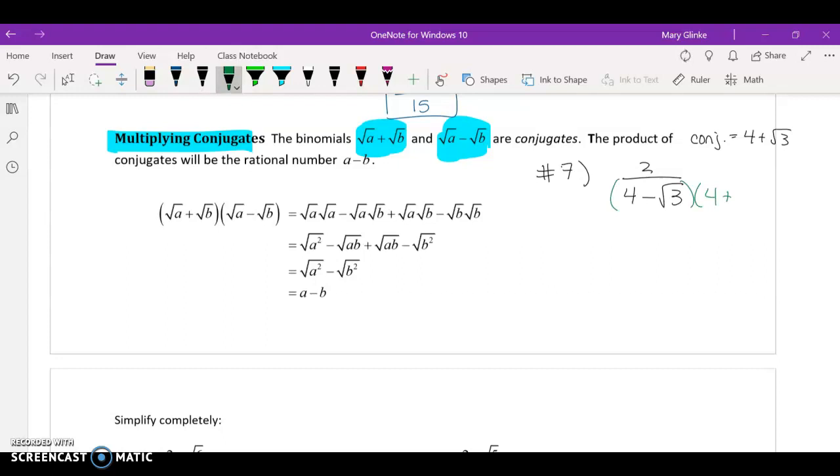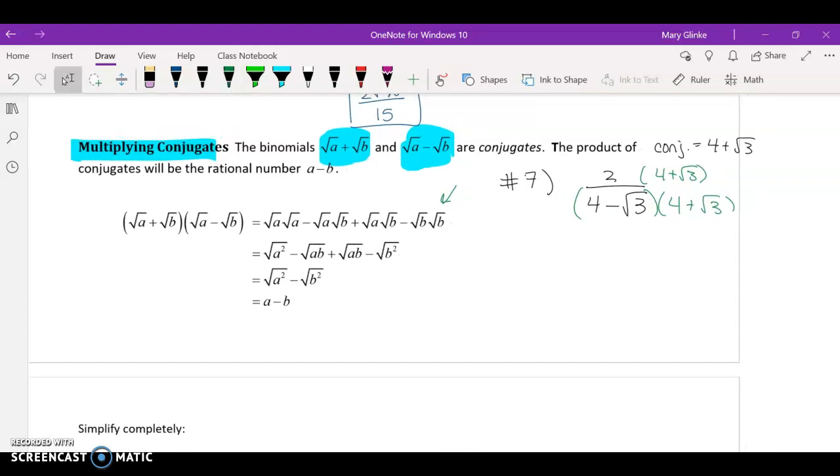And so when we multiply by 4 plus root 3, if you would like an algebraic expression as to why this works, you can see this written out here, how all of the variables end up either canceling or being perfect squares, so therefore there's no more radicals. Or we can take a look at number 7 and show that's true. So we're going to distribute our numerator. It would be 8 plus 2 root 3.